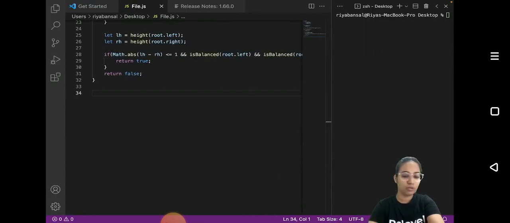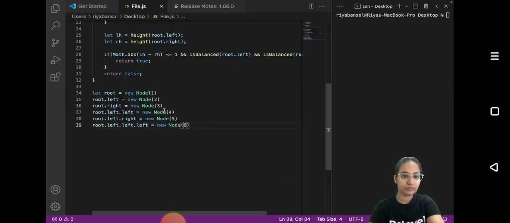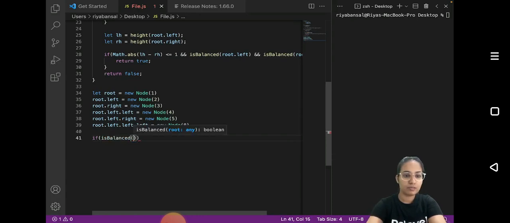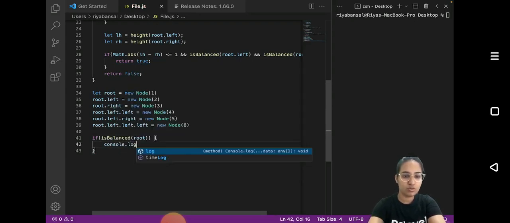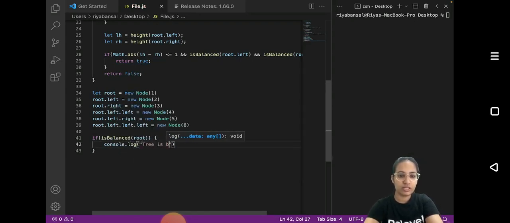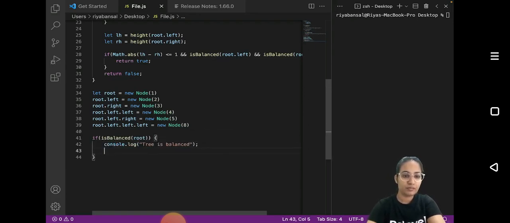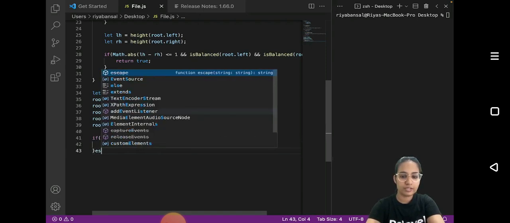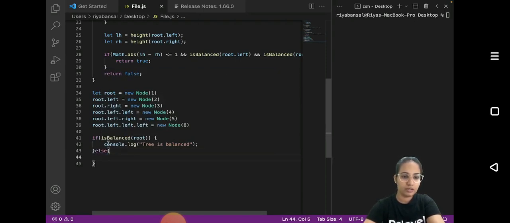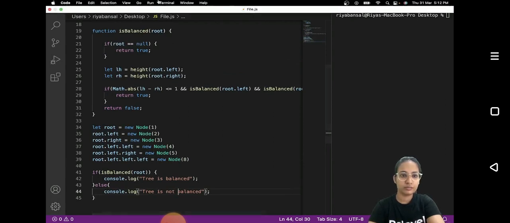So I'll directly pick up the code for that. Now I will call the isBalanced part and pass the root node. If this is true, we'll print tree is balanced. Otherwise we will print tree is not balanced. Let's see if this works or not.